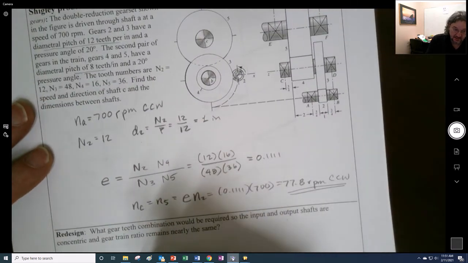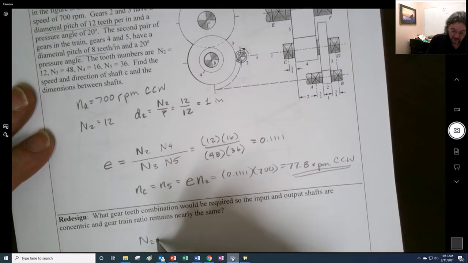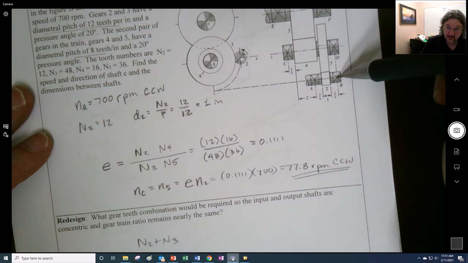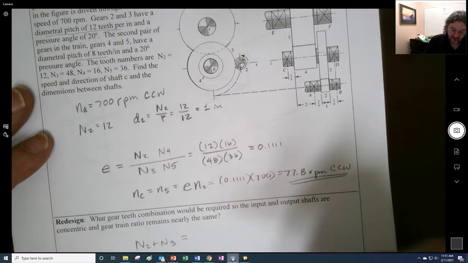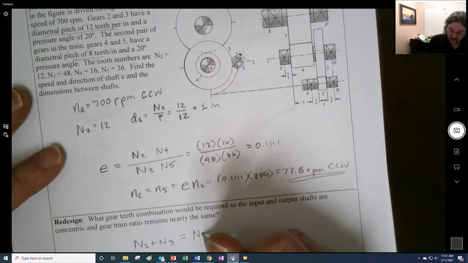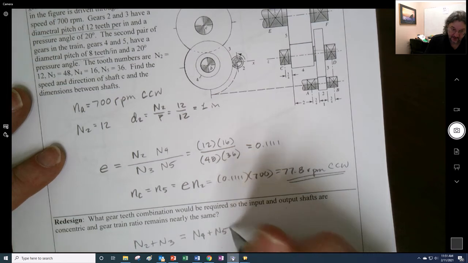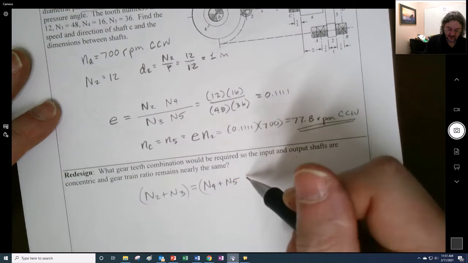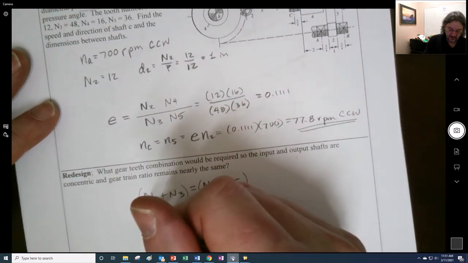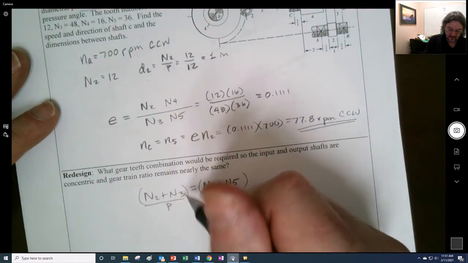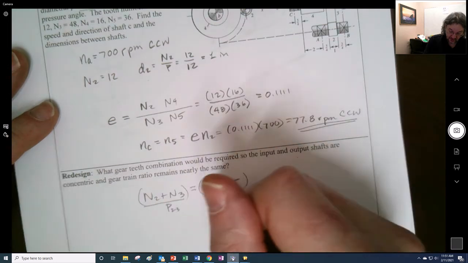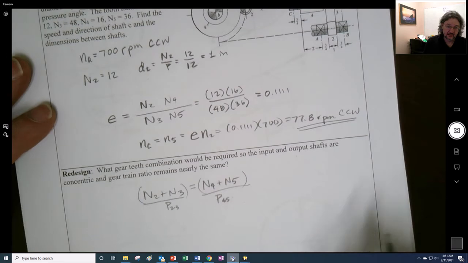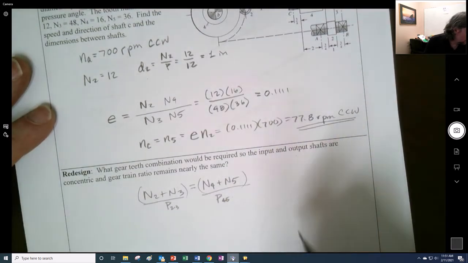What we need to have is N2 plus N3, this distance right here, would have to be equal to N4 plus N5. But actually it would be that divided by P, the pitch, from 2 to 3, and divided by P from 4 to 5.